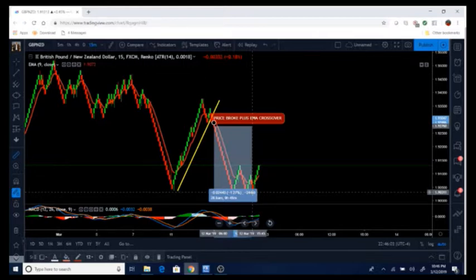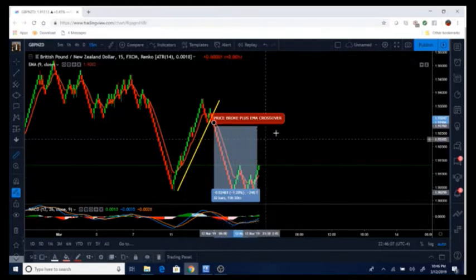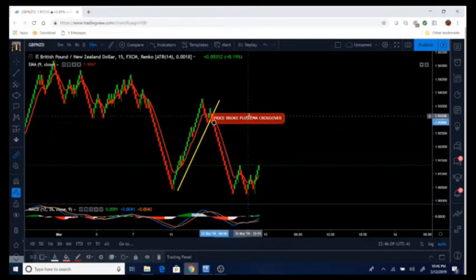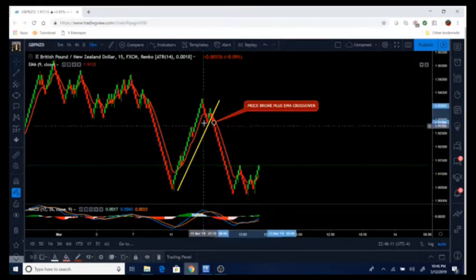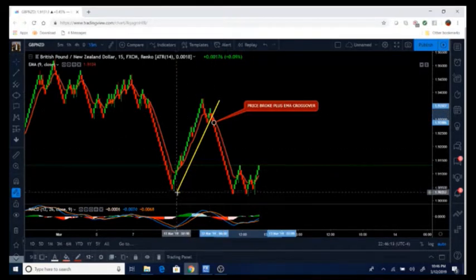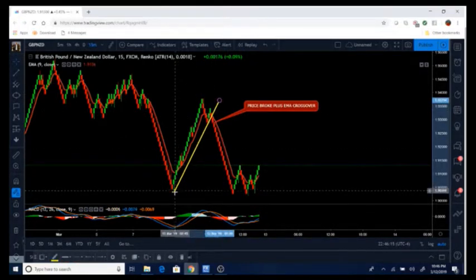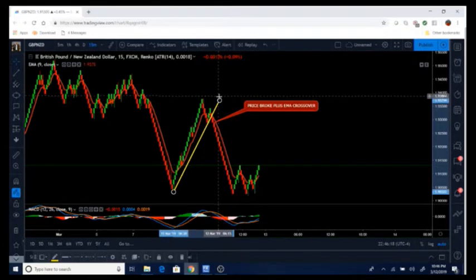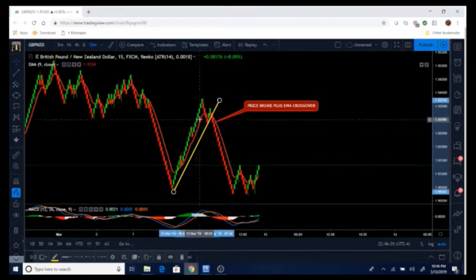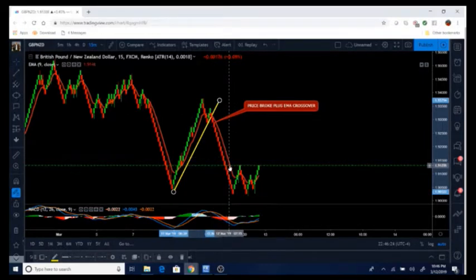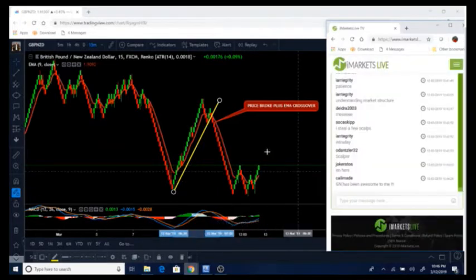You guys see that? Everybody see that? And all I did was just take this singular uptrend right here. Came up, went all the way up with it, wait for the crossover, and I get in for my buy or my sell. That's literally it.